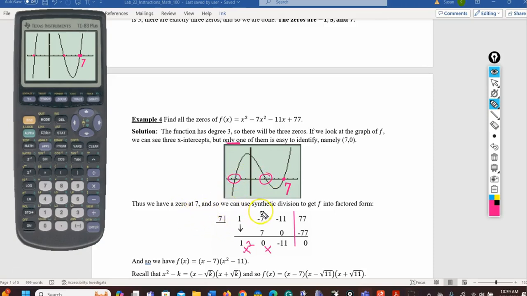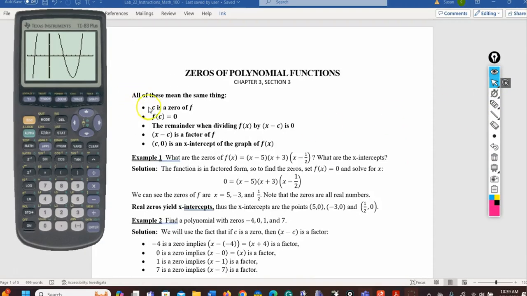So what I can do is use synthetic division to get it into factored form, and then use the quadratic formula or other things that I know. So I know that 7 is a 0. So if 7 is a 0, then we go back to the beginning. The remainder, so let me come up here.